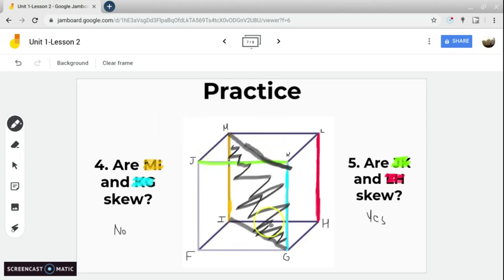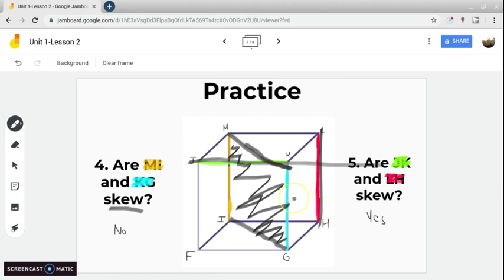If you were to cut this cube in half, there's 2 triangles there, and they would be on the same plane. So that's why it's no, because if it's going to be skew, it can't be on the same plane. And then JK and LH, are they skew? Yes, because they are not on the same plane, and they will never connect. Even though it looks like it connects, LH is further back.